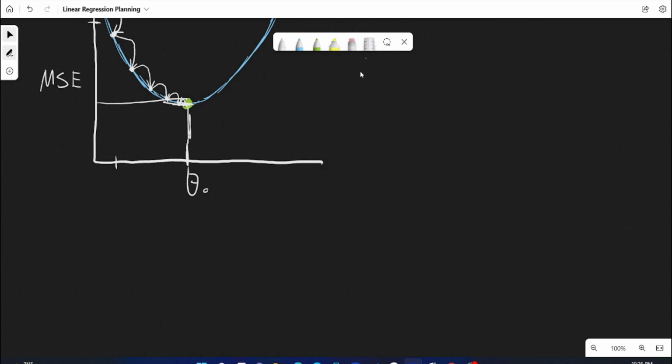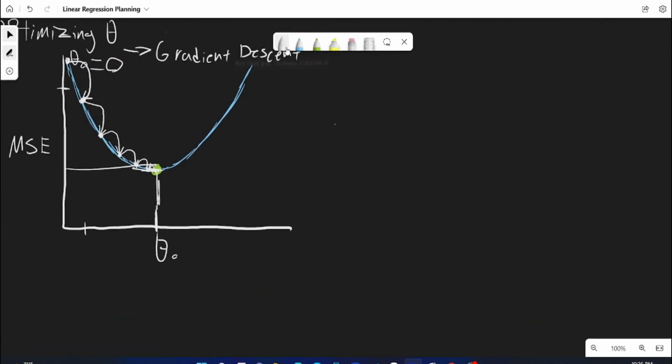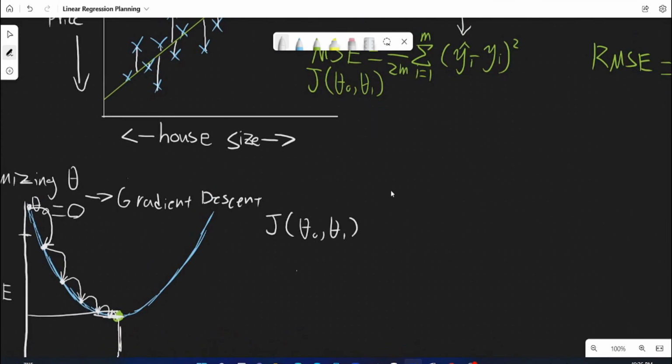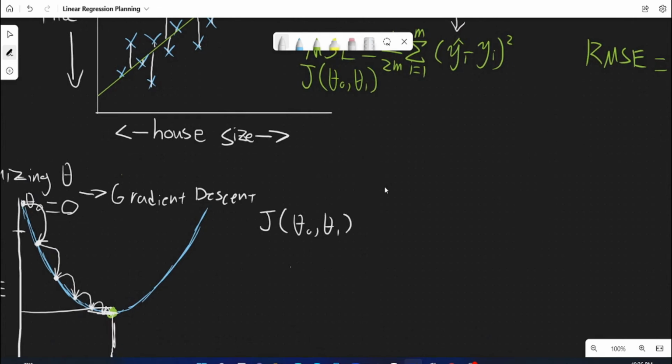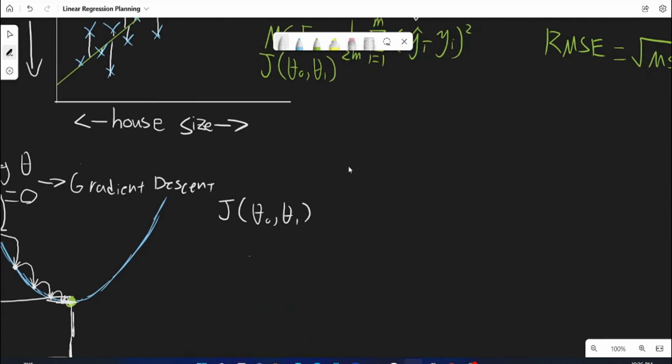Here, we can just move here. I feel like that's better. We actually take the partial derivative of the function J, right? If you remember J(theta 0, theta 1), J is the cost function here, the mean square error.